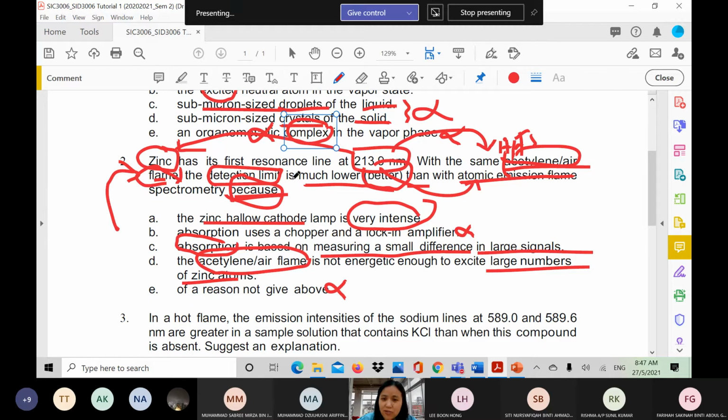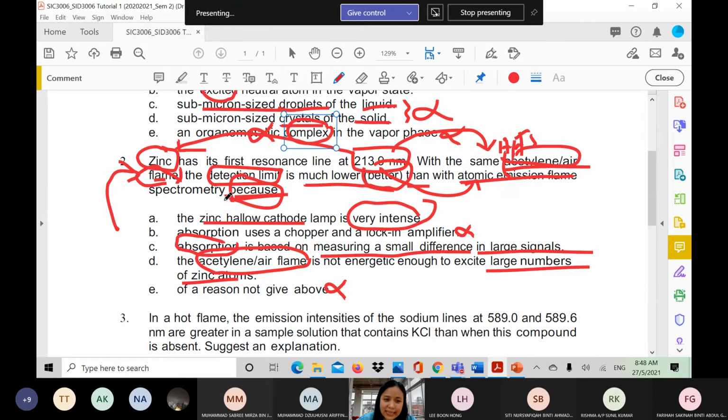But for zinc, the transition metal, it needs high energy to excite. We know that every single atom has electron orbitals s, p, d, right? For zinc, it needs high energy to get excited from the ground state to the excited state. So if you only use a flame, it is hard to excite zinc with a low temperature flame.